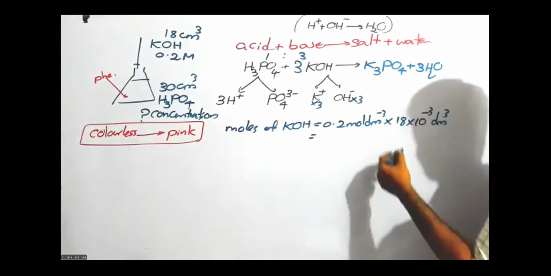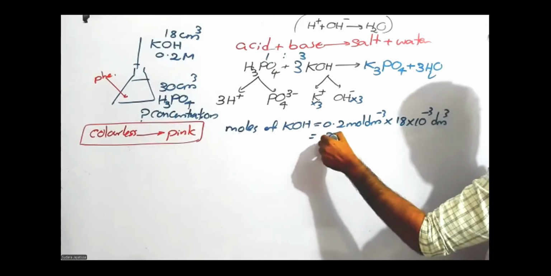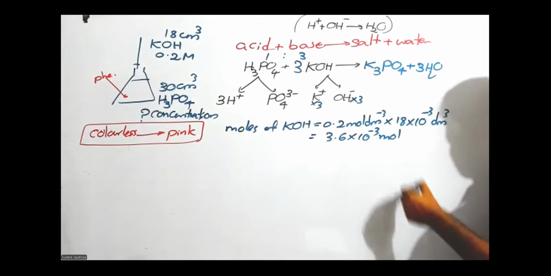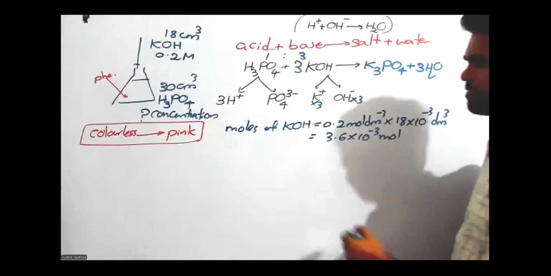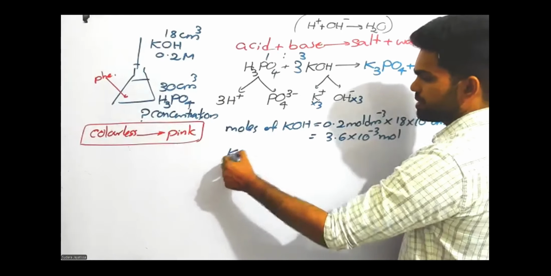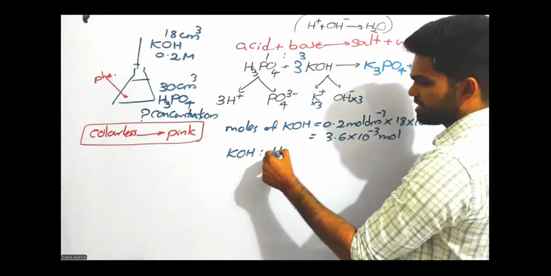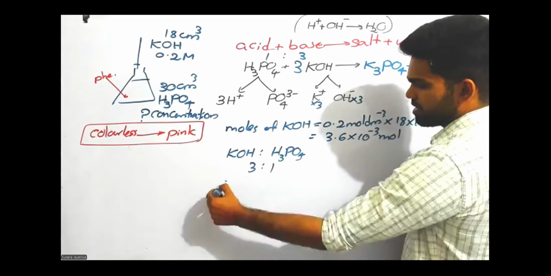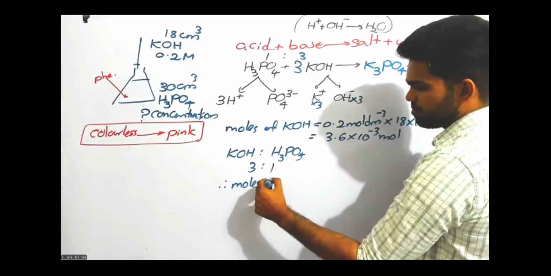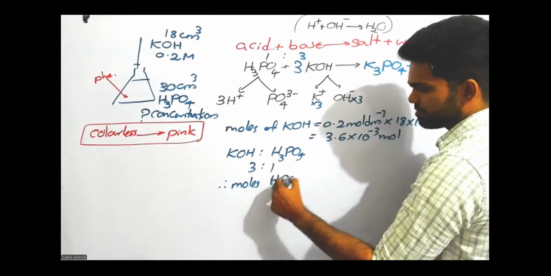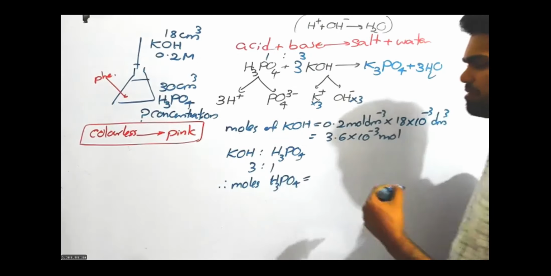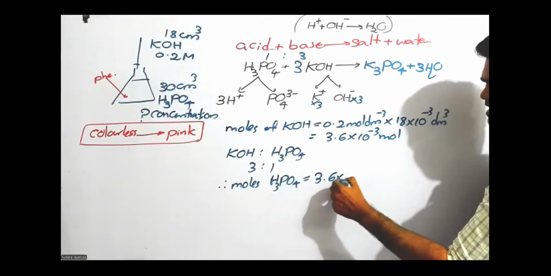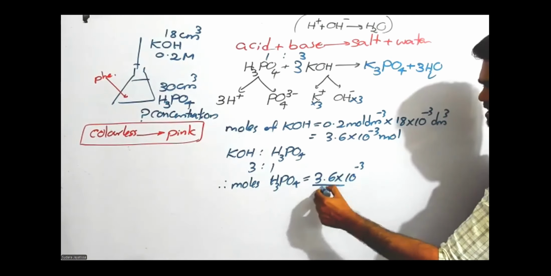If you simplify, it will be 3.6 into 10 to the power minus 3 moles. Now we know the ratio between potassium hydroxide and H3PO4 is 3 to 1. Therefore, we can find the moles of H3PO4: it will be 1/3 of this amount, so 3.6 into 10 to the power minus 3 divided by 3.